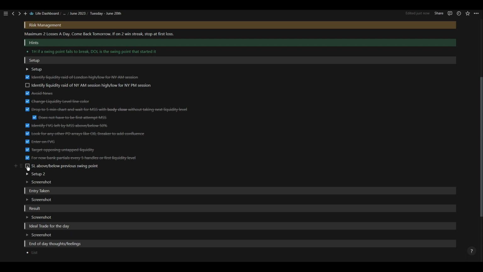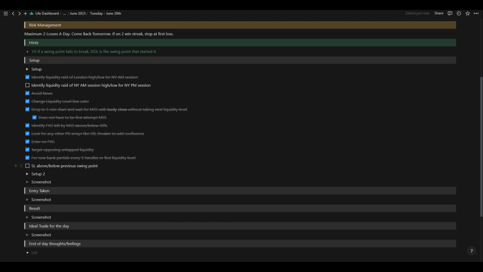And stop loss above the swing point, ideally. In this case, we didn't because the swing point was 12 handles away. And in ICT's teachings, he does say those are really 3 different levels you can put your stop loss at. So it's up to you.